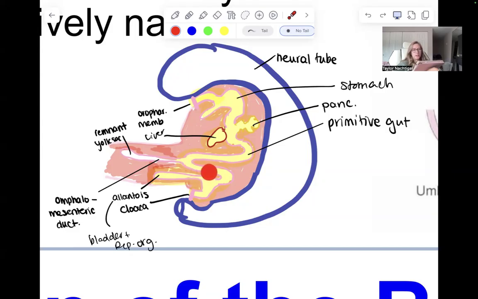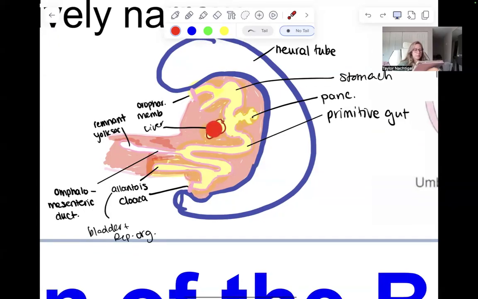And then we've got all of the colon, ascending, transverse, descending, and then down to the bottom here, we have the cloaca, which is going to further separate into our urinary system, urogenital system, and the rectum and anus.